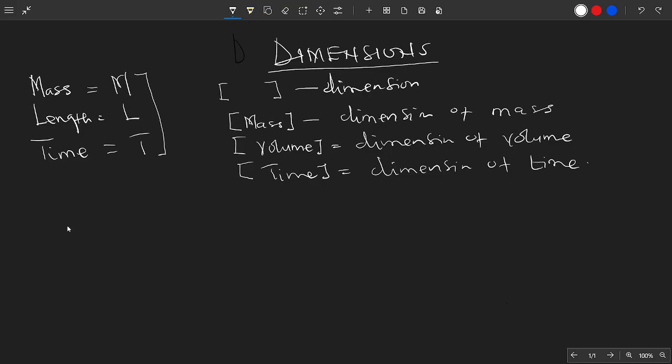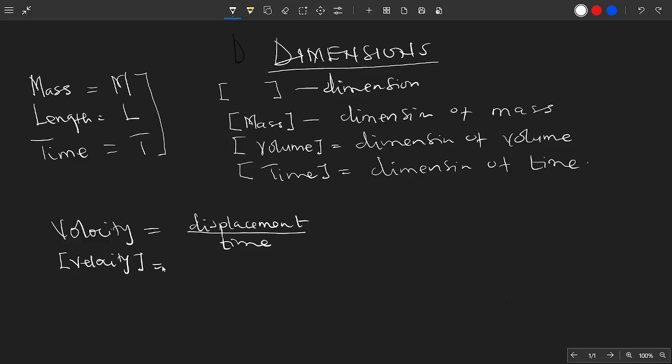Let's say we want to find the dimension of velocity, which is given by the rate of change of displacement divided by time. So if I write velocity in square bracket, this is talking about the dimension of velocity.